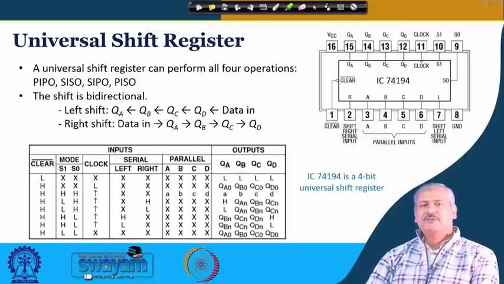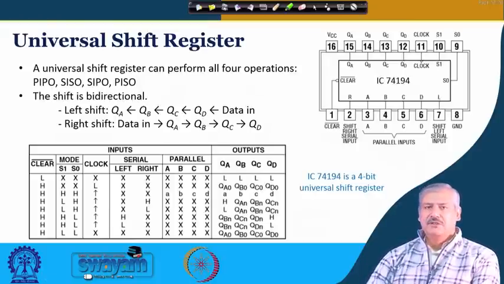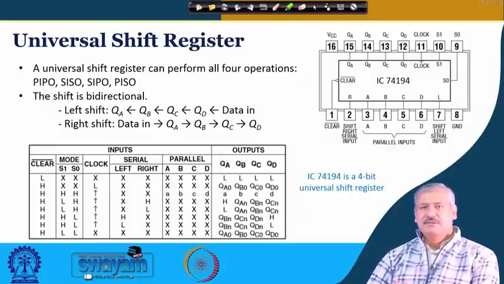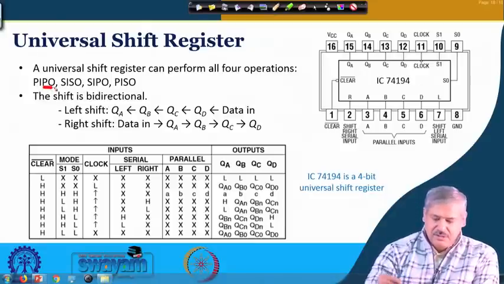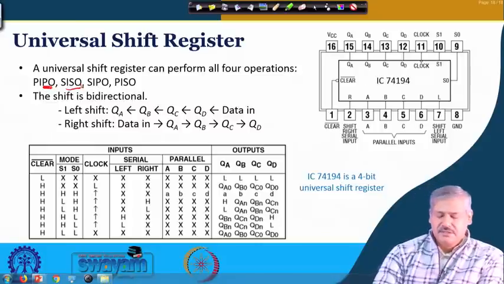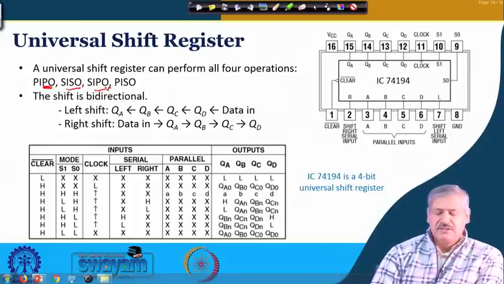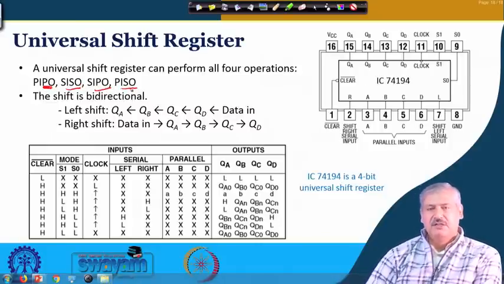Now, we look at what is called the universal shift register. We had seen 4 varieties: parallel in, parallel out; then serial in, serial out in the last class; and in today's class serial in, parallel out and parallel in, serial out.